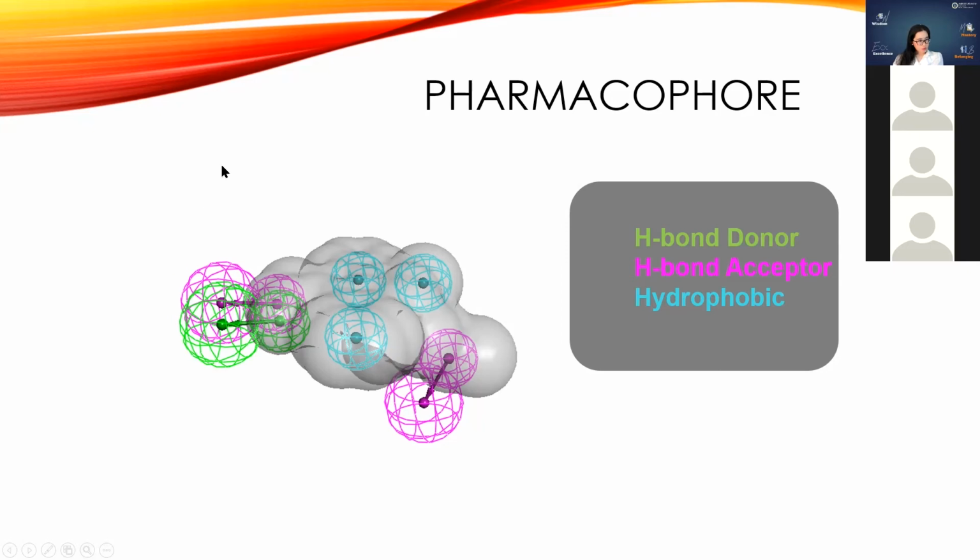So if there is a pocket around the ligand, so this is the ligand electron clouds, and if the protein is here, if the ligand has a hydrogen bond donor, the pocket should have a hydrogen bond acceptor and vice versa. So this one, the ligand has a hydrogen bond acceptor, the pocket should have a hydrogen bond donor. So this is the concept of pharmacophore.